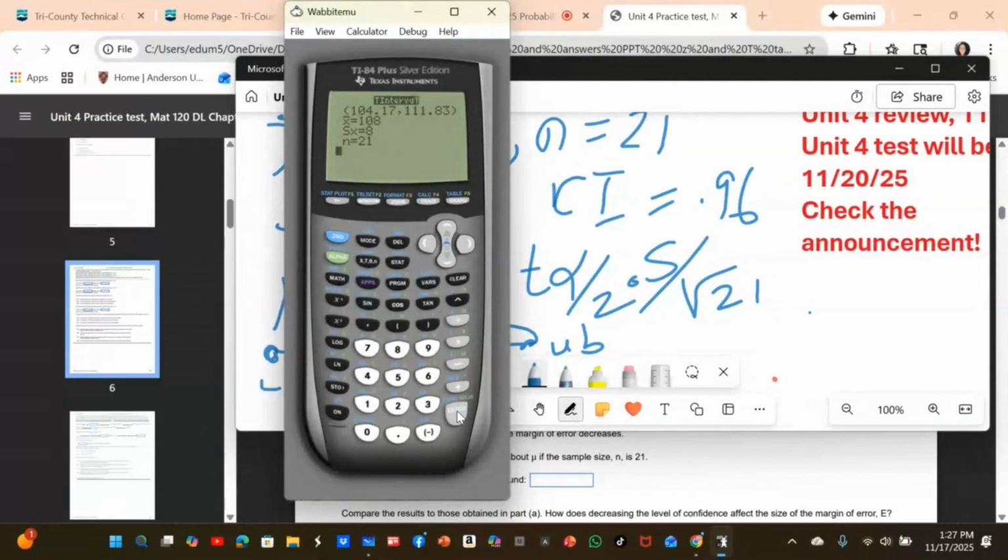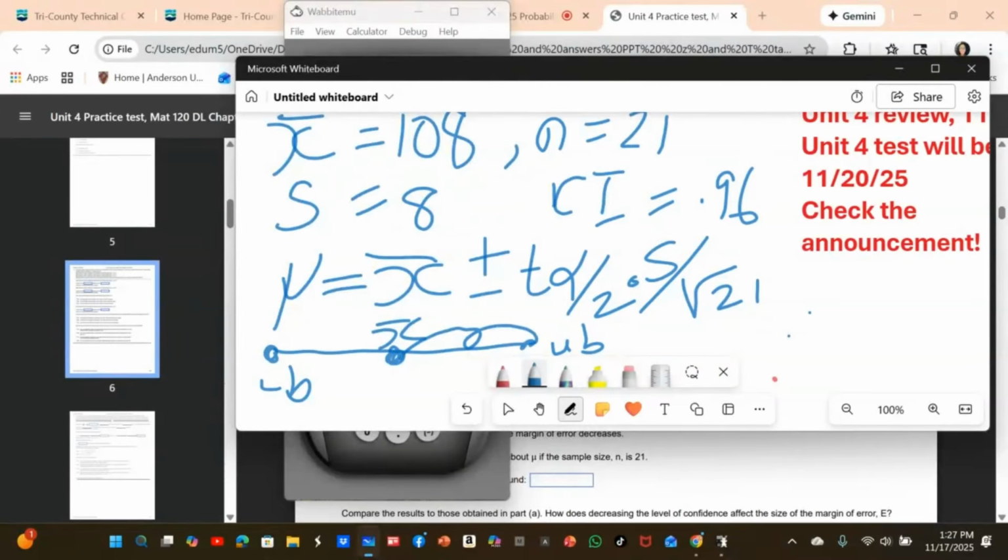Therefore, my calculator gave me that the lower bound is 104.17 and the upper bound is 111.83. So the interval is 104.17 to 111.83. I'm going to draw a number line. I did already, and the center is 108.